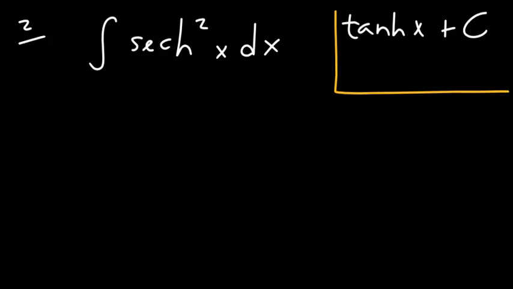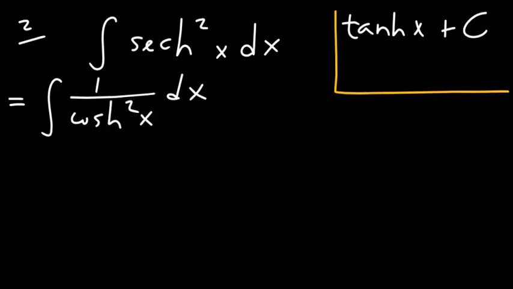If we rewrite the above integral in the following form, hyperbolic secant is just the inverse of hyperbolic cosine. So you get that.